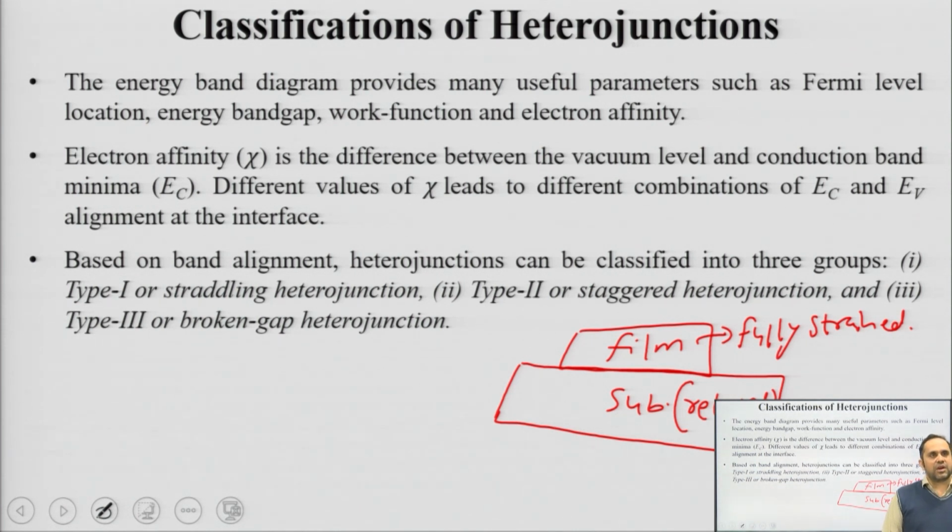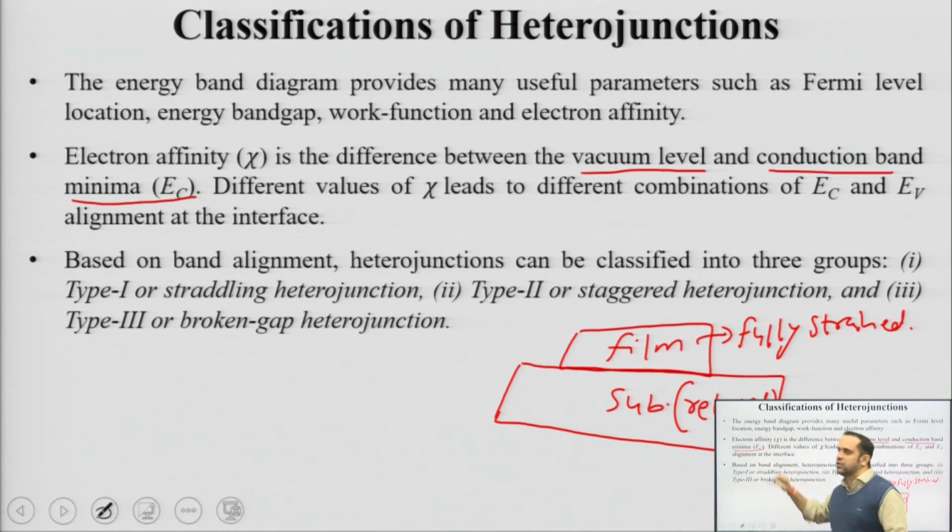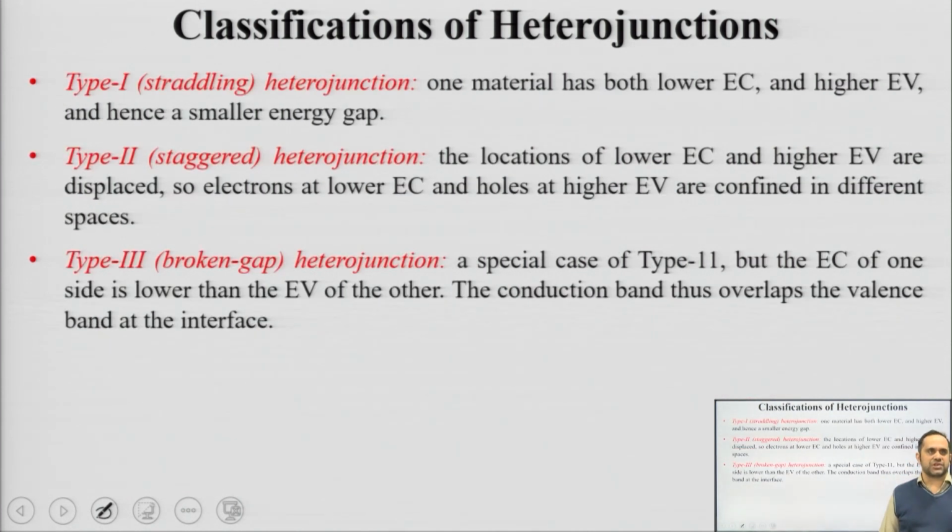We can also use the concept of electron affinity, which is the distance between the vacuum level, the reference level, and the conduction band minima, EC, the start of the conduction band. Different values of electron affinity also help you differentiate between different heterojunctions.